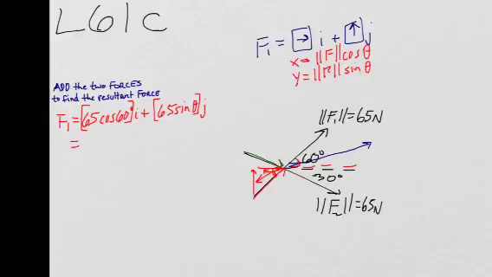If I remember correctly, we just did this. The cosine of 60 degrees is 1/2. So let's do that. 1/2 times 65, and that's 32.5 i plus the sine of 60 degrees.